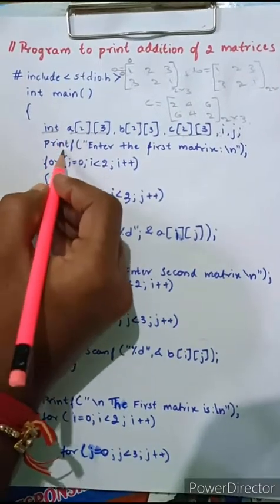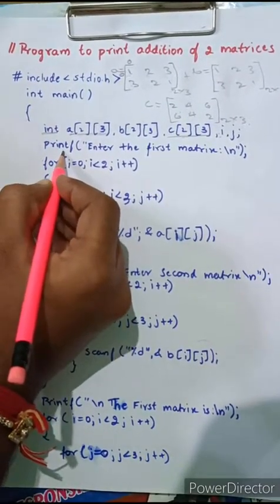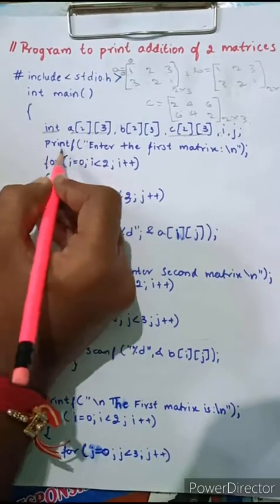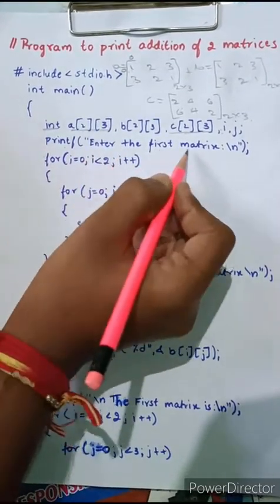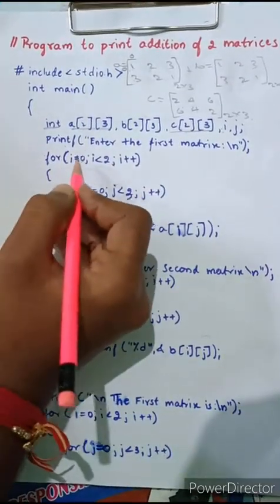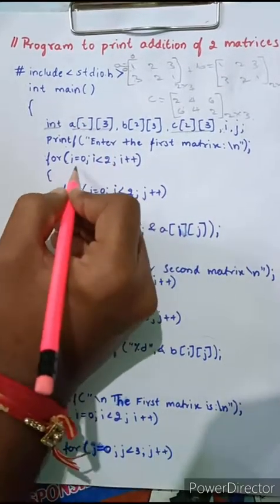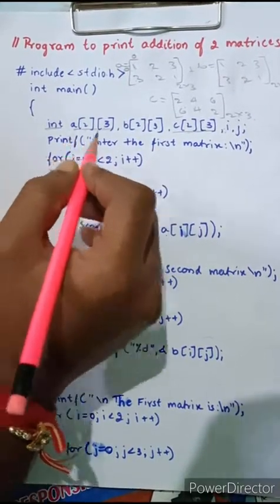So this is i equal to 2 and j equal to 3. Then we are printing the first matrix, that is printf in double quotes, enter the first matrix. Then as per the C rules, we are using two for loops for reading the matrix.